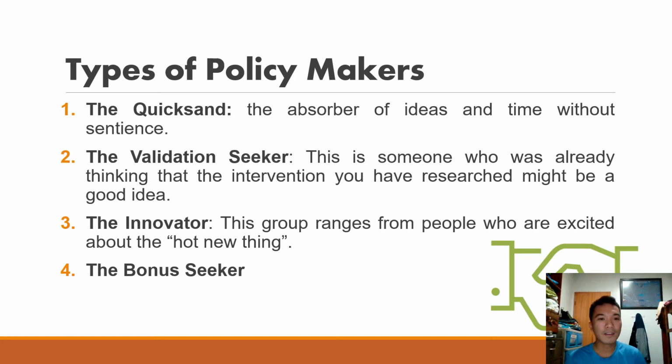Next are the types of policymakers. The first type of policymaker is the quicksand, the absorber of ideas and time without sentience. Then the next type of policymaker, the validation seeker.